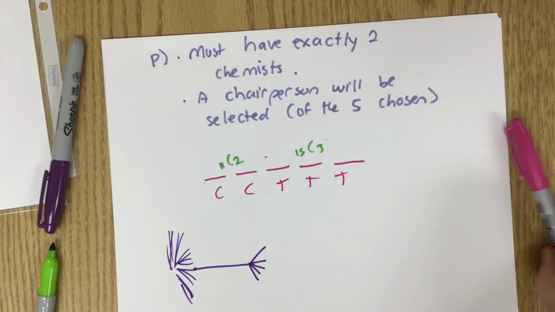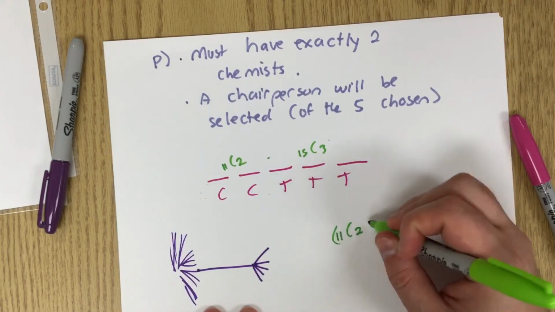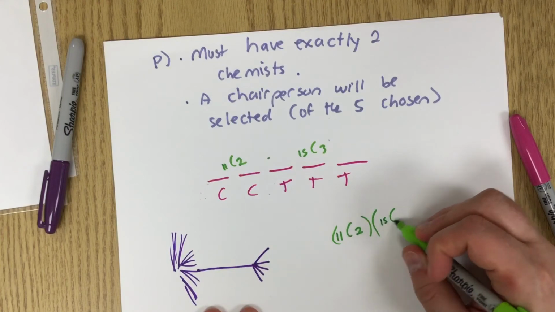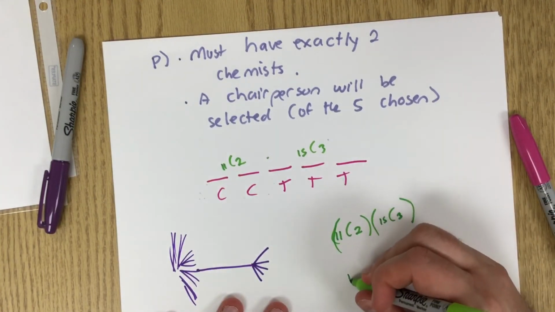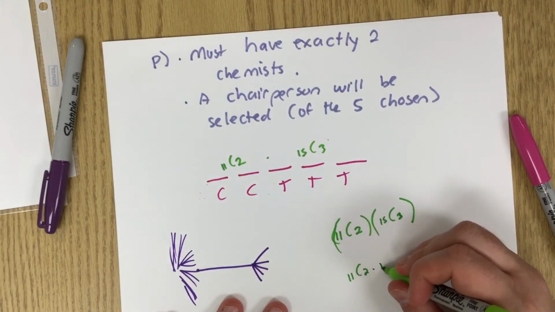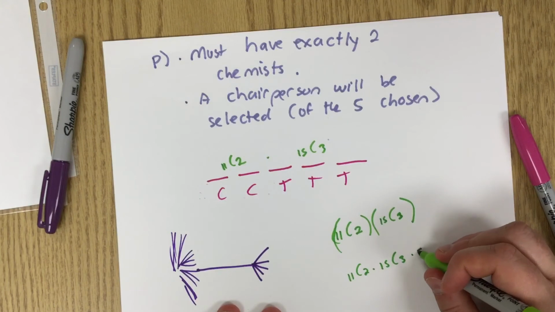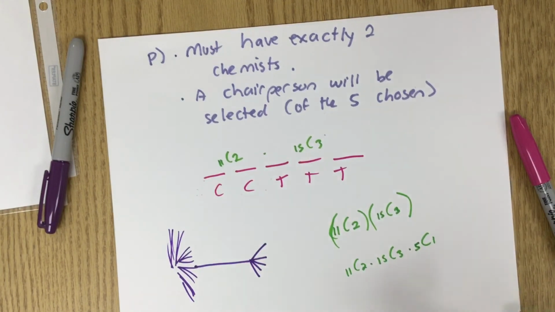So the final answer is going to be 11 choose 2 times 15 choose 3 times, of the 5 people, we're going to choose one of them to be the chairperson, and that would be the answer.